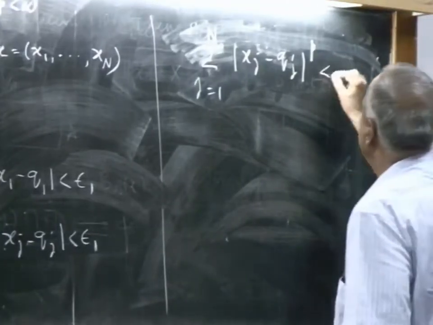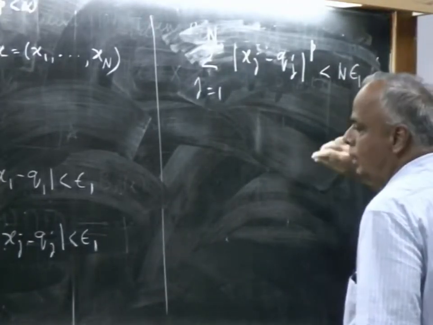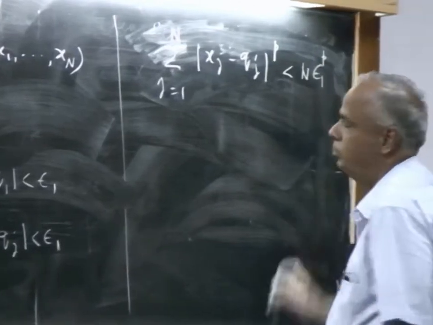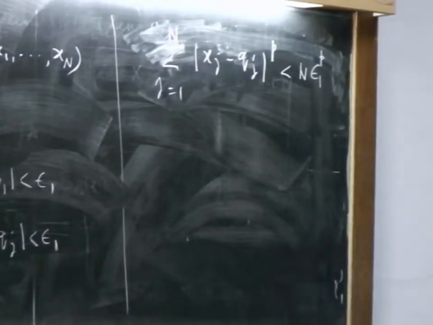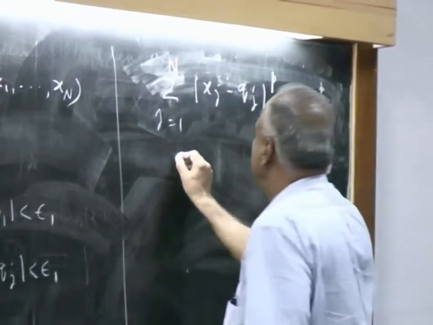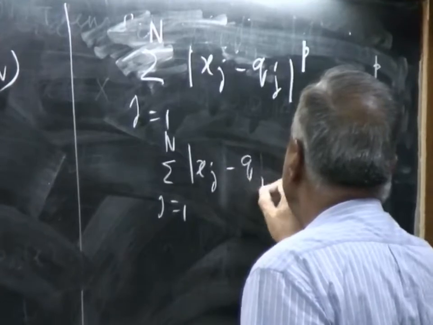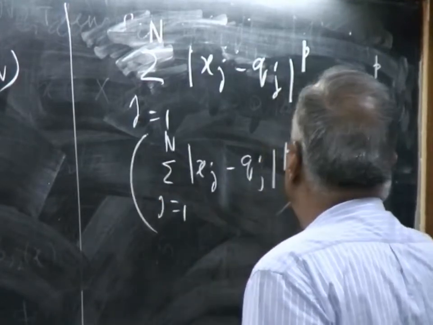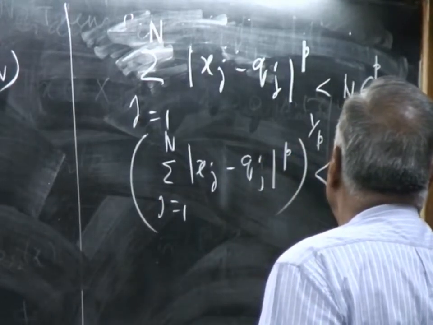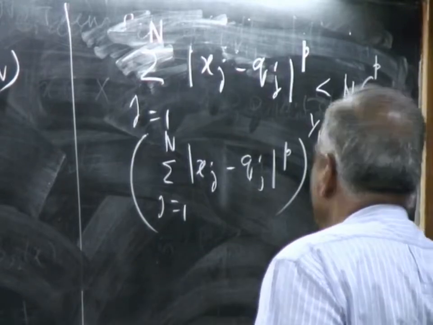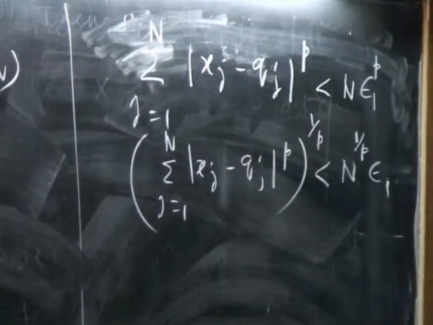It is less than n epsilon 1 to the power of p, right? Or the summation j equal to 1 to n of mod xj minus qj to the power of p, all to the power of 1 over p, is less than n to the power of 1 over p times epsilon 1.